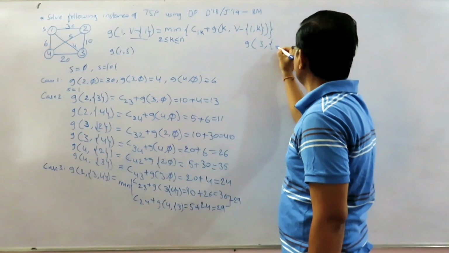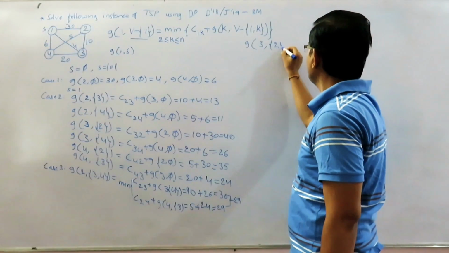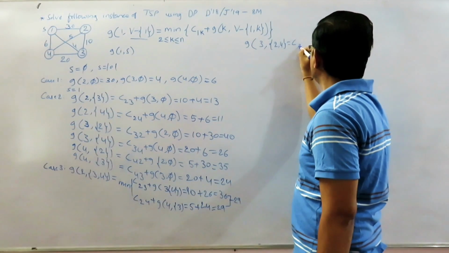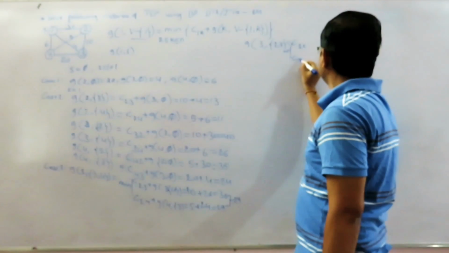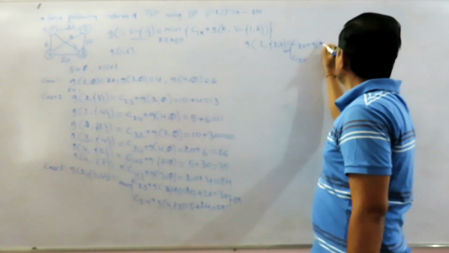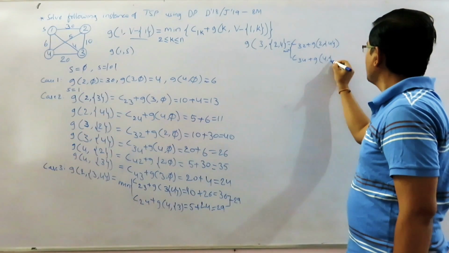Similarly, we need to find G of 3, considering 3, the remaining two vertices are 2, 4. So this is equal to the minimum of C32 plus G of 2, 4, and C34 plus G of 4, 2.